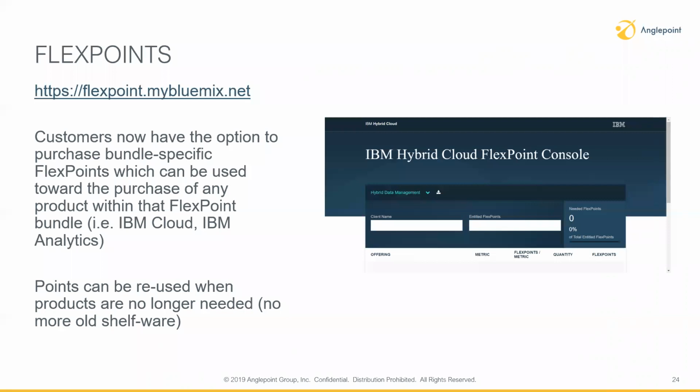And when you no longer need it, you delete it out of your environment, and those points go back into your bank to use towards other products. So it's not product specific anymore. You purchase the points and you can use that towards any products inside that bundle. Does that make sense? So there is essentially no more shelfware. When you no longer need it, you reabsorb those points and use those towards other products, okay?